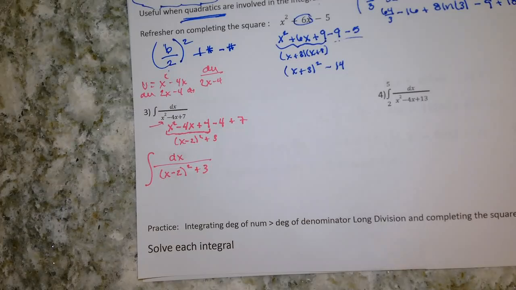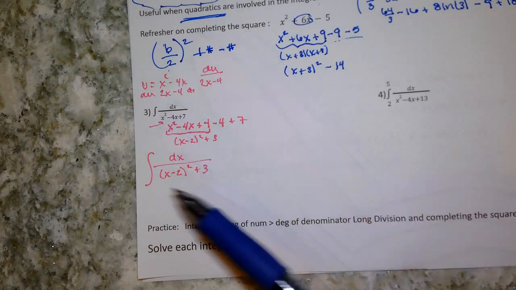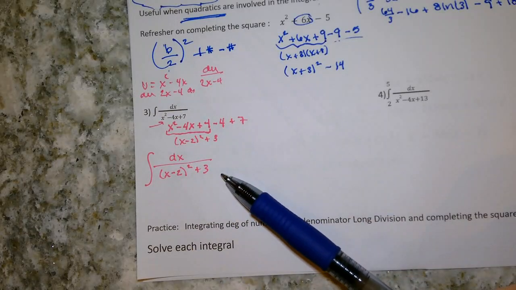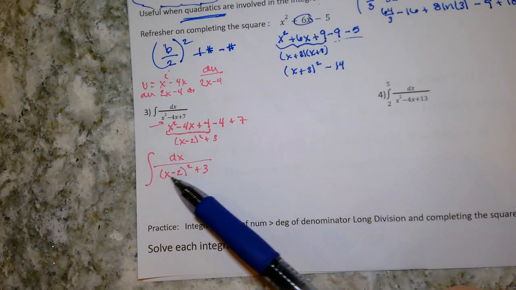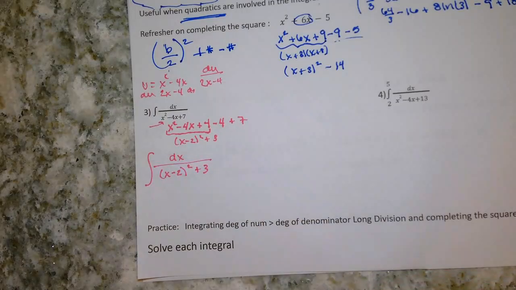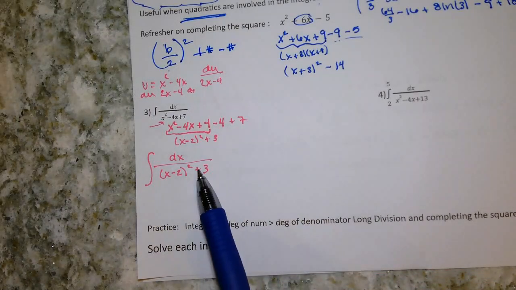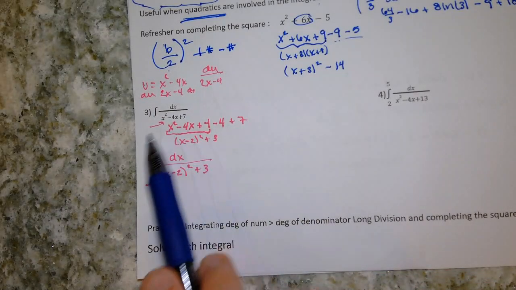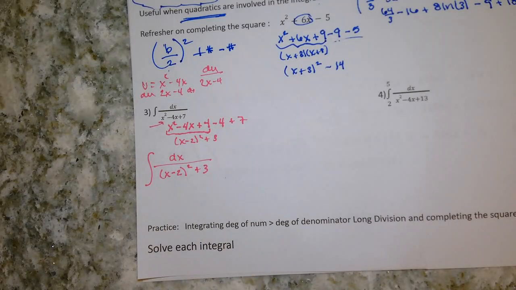Now when I look at that, what do you see? Obviously, u sub is going to fail, right? If my u was x minus 2, its derivative is dx, that's not going to cancel with anything. U sub fails. But I do see a plus sign, and I see a term squared, so I'm thinking this is an arctan.